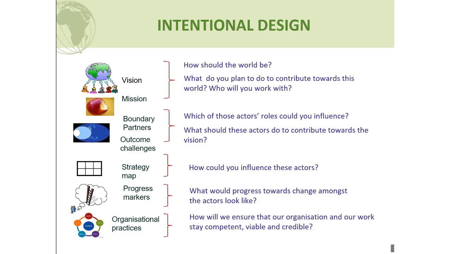The first step is to develop a vision, describing the economic, political, social, and environmental changes that the program hopes to bring about. So it answers the question: how should the world be?